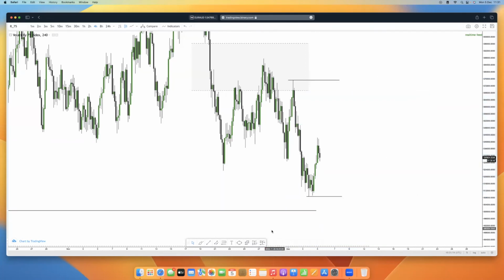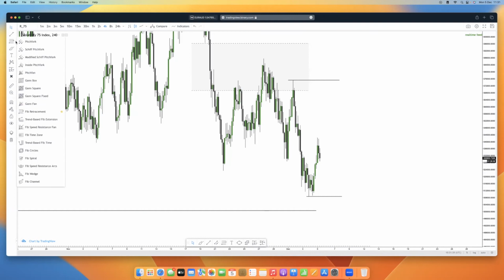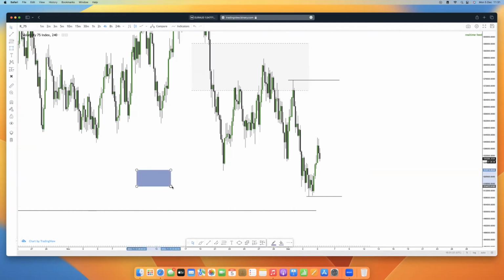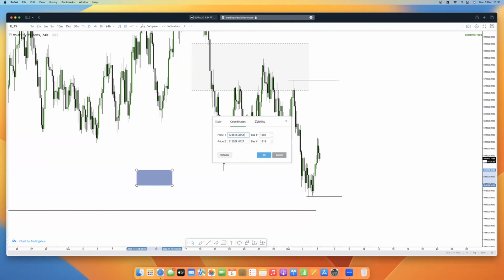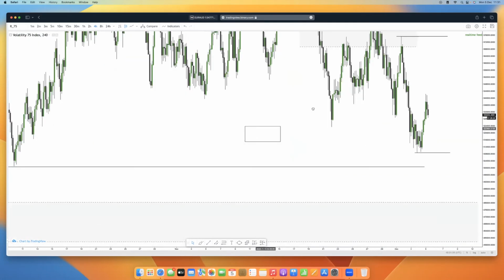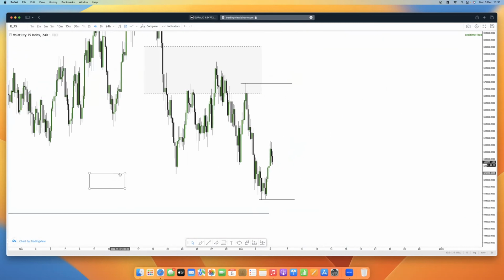So what I'm going to do is going to keep on high on this area. So from here all the way to this area here.